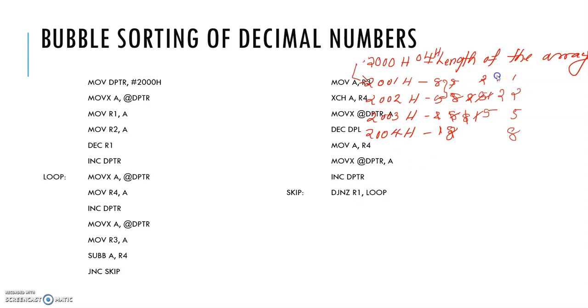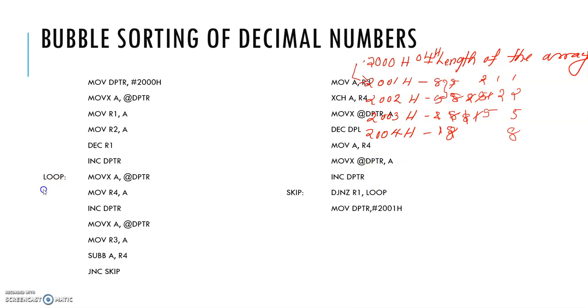Next, one iteration is completed, so we decrement R1, and we again repeat this process, that is compare the next numbers, where the number 8 now comes here. So location 2002 and 2003 should be compared.